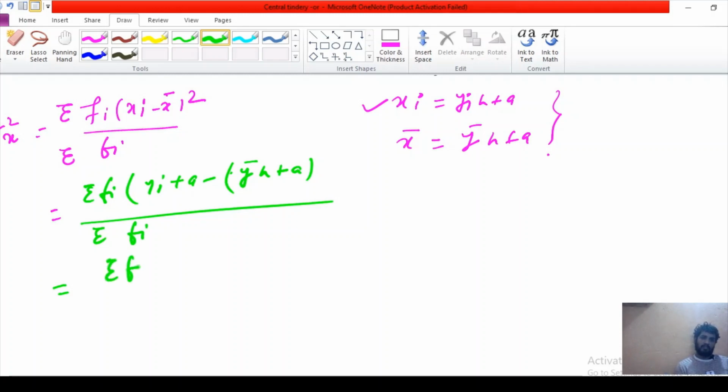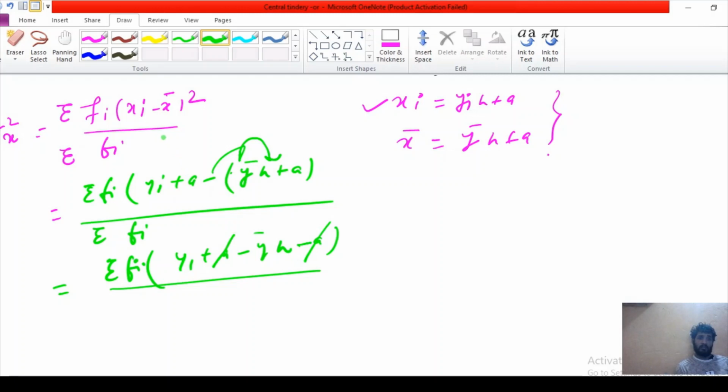So we have fi (yi h plus a minus y bar h minus a), where the minus sign applies to both terms, so the a cancels out, and the square also applies.